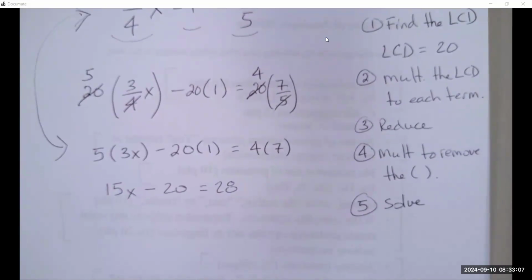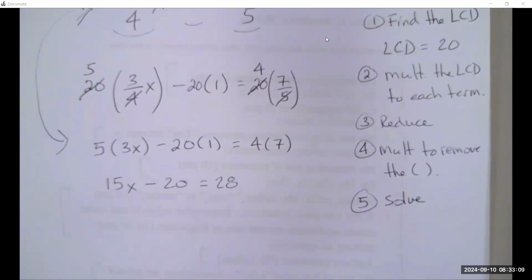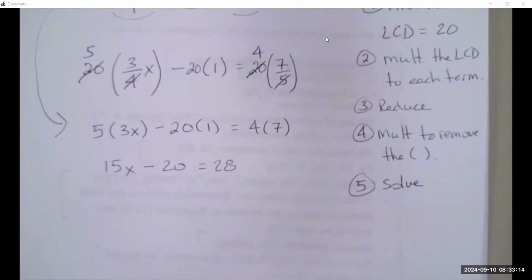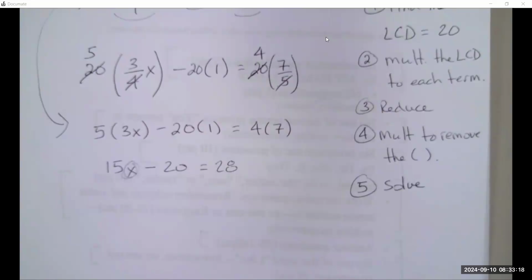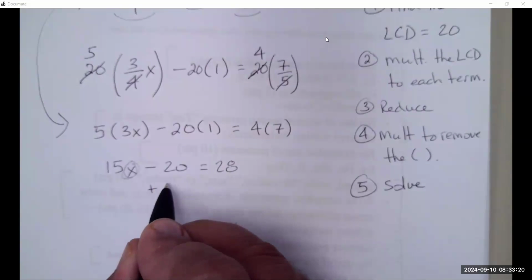And then solve for the variable. And it's always going to be those 5 steps. Since we're solving for the only variable there is, the x, we get rid of the 21.